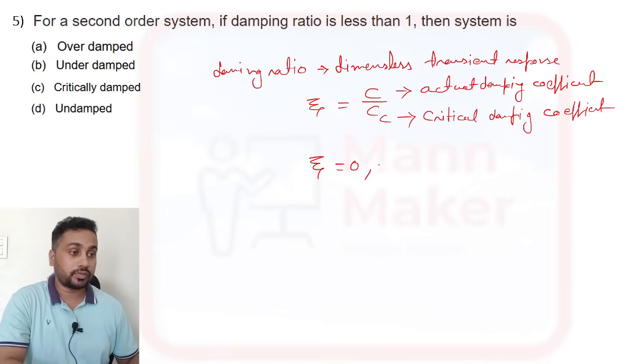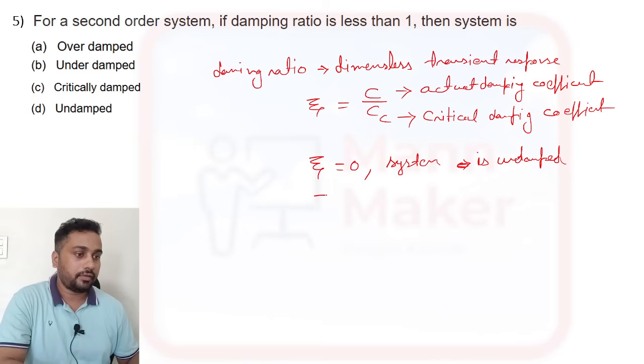Suppose this damping ratio is equal to 0, then the system is undamped. When zeta is equal to 1, then the system is called critical.